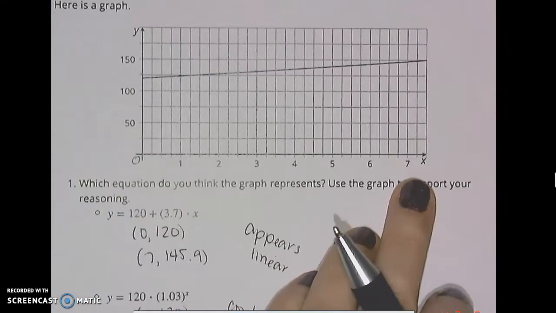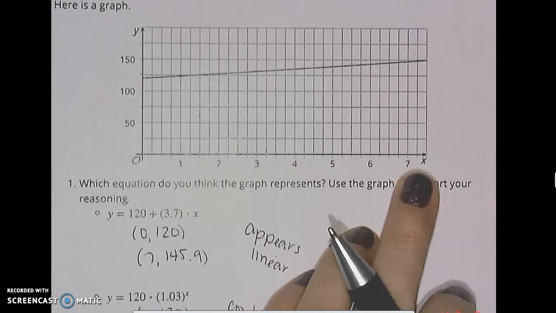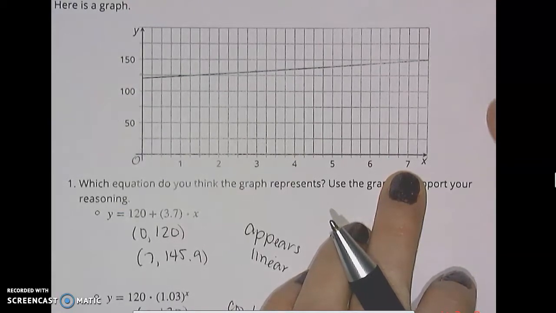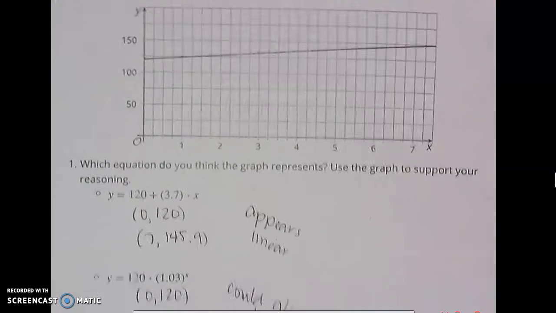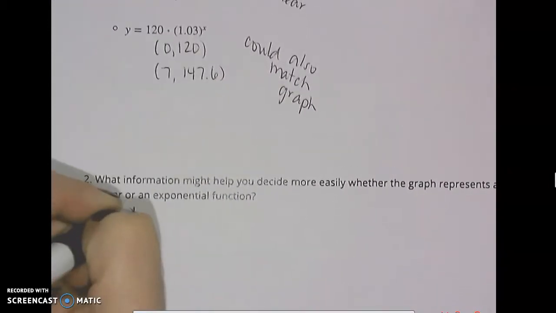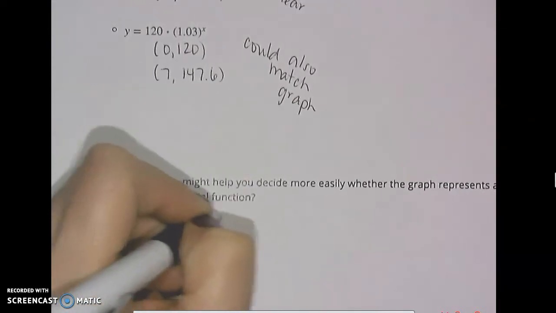Also, it only goes to 7. We have no idea what this situation is, but it only goes to 7. So if it's 7 months, 7 years, something of that nature, that's not a ton, especially if it's 7 months. So other things that could help us, I would say exact coordinates.